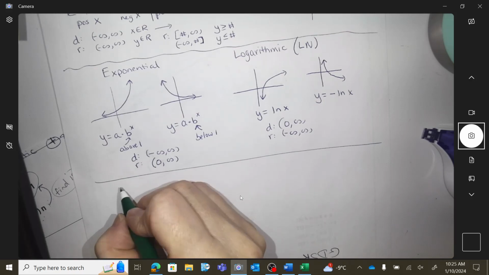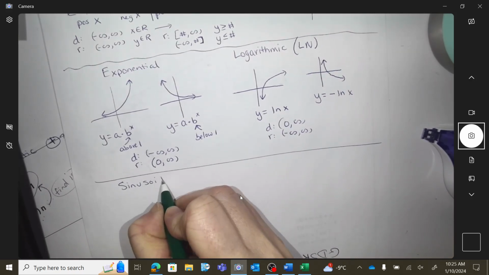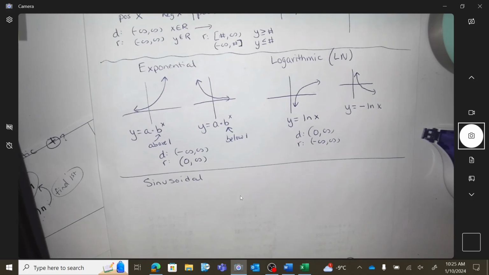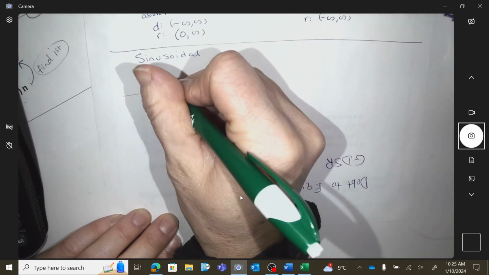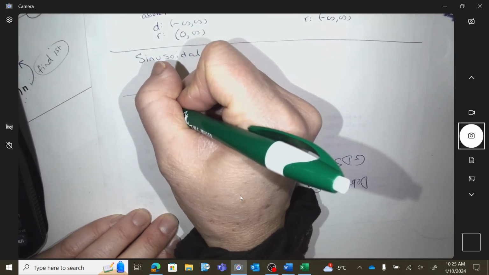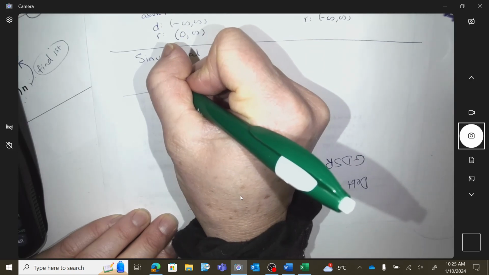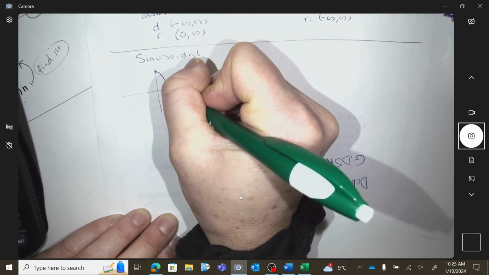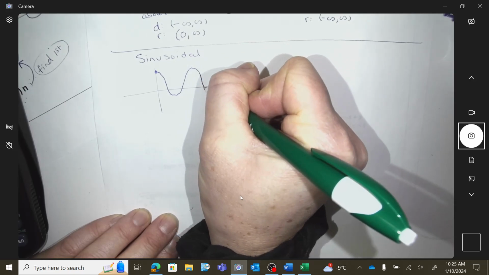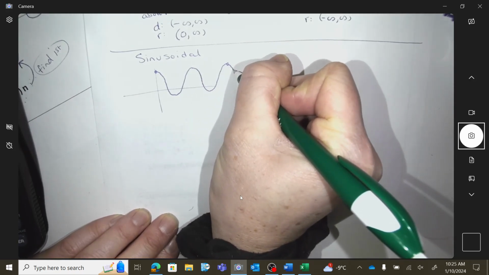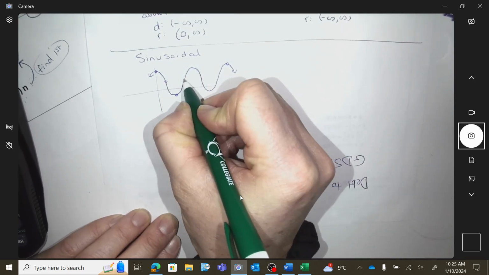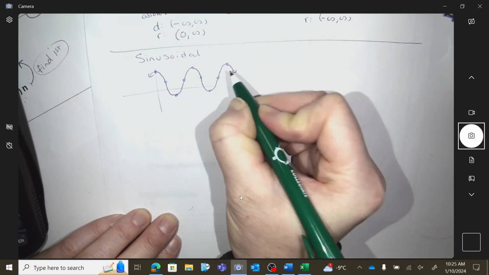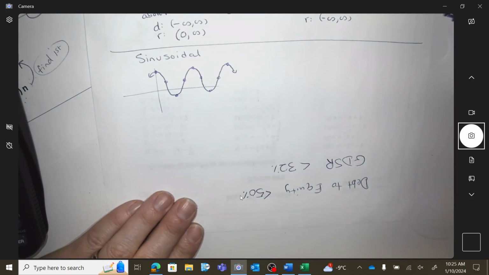Okay, so then we had sinusoidal. So I'm just going to draw you like an example here. Sinusoidal.